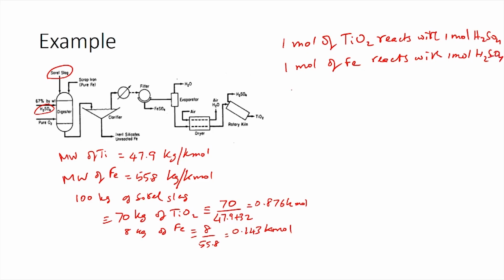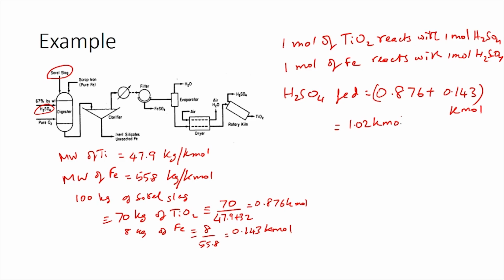So, this means H2SO4 fed would be equal to 0.876 kilomoles plus 0.143 kilomoles, which is the number of moles of TiO2 and iron fed in the form of Sorrel slag. So, using this we get the amount of H2SO4 fed is 1.02 kilomoles, and this would weigh 100 kilograms.